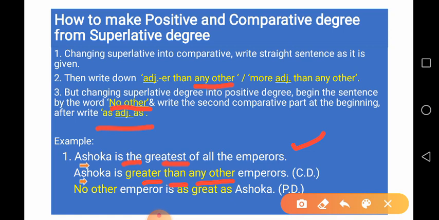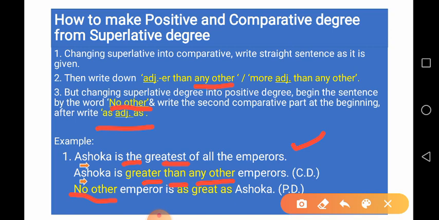So, now you can see the comparative of Ashok is the greatest of all the emperors, is Ashok is greater than any other emperor. While making positive, we begin a sentence with the words no other.